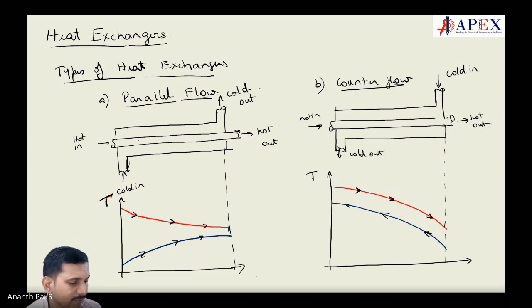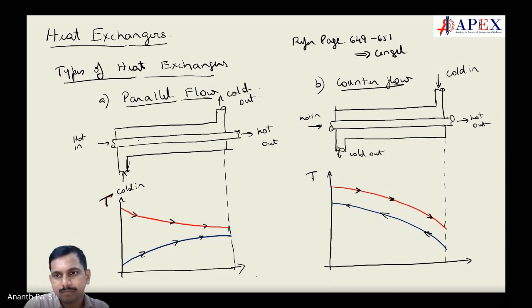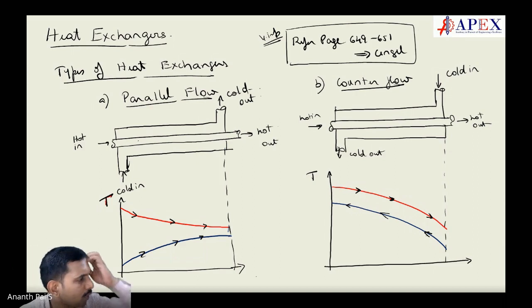I want you to refer to three pages of Sanjay, page numbers 649 to 651, because it is very simple. You can do that. Very important. I'll go directly to the overall heat exchanger.